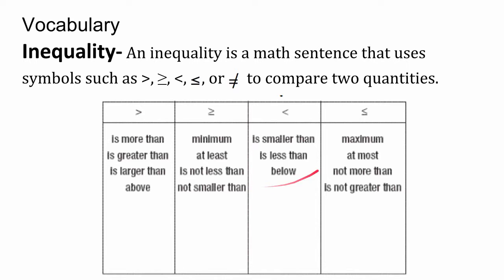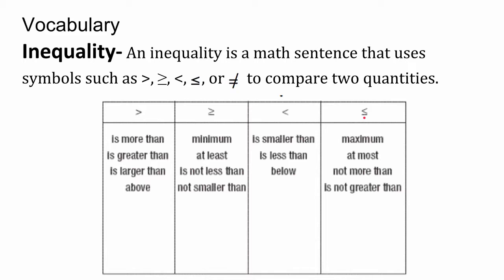The third inequality symbol in the chart is our less than sign. Will you go ahead and highlight or box in the is less than that I already put in the chart for you? Underneath that, go ahead and write, we can also refer to that symbol as is smaller than and below. The last inequality symbol that we're going to talk about as 6th graders is our less than or equal to symbol.